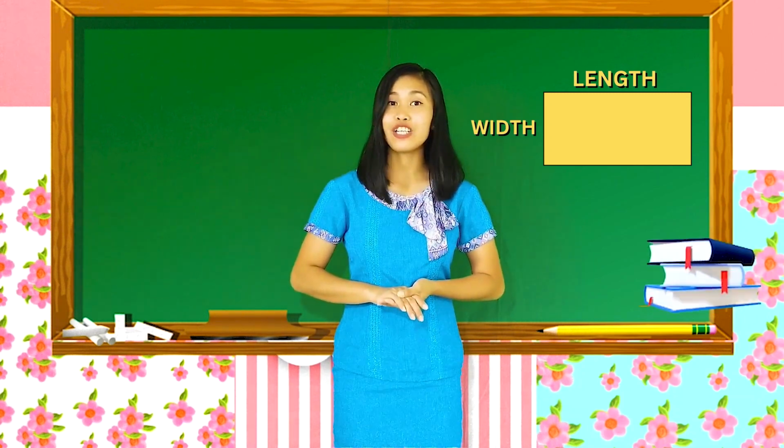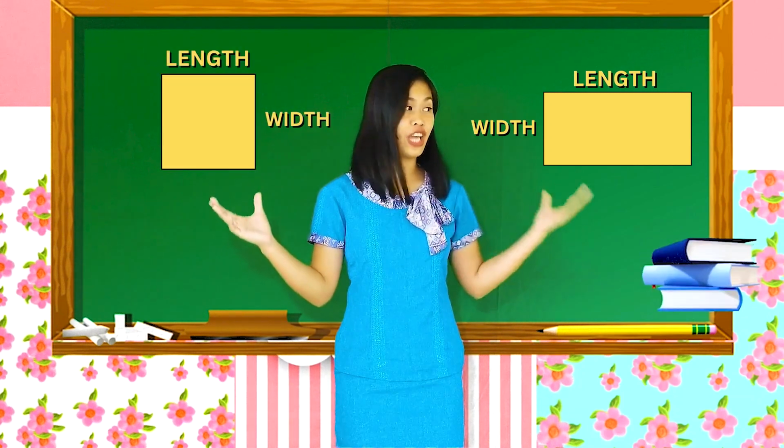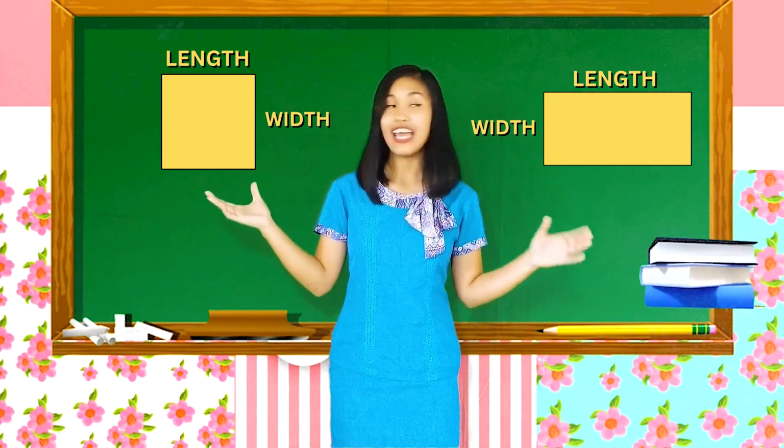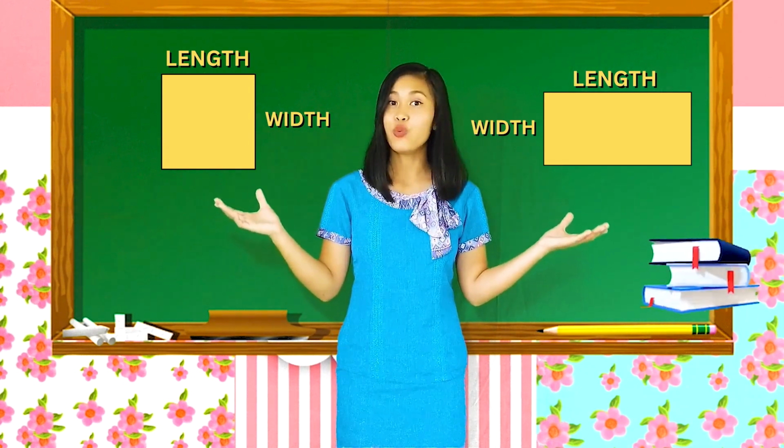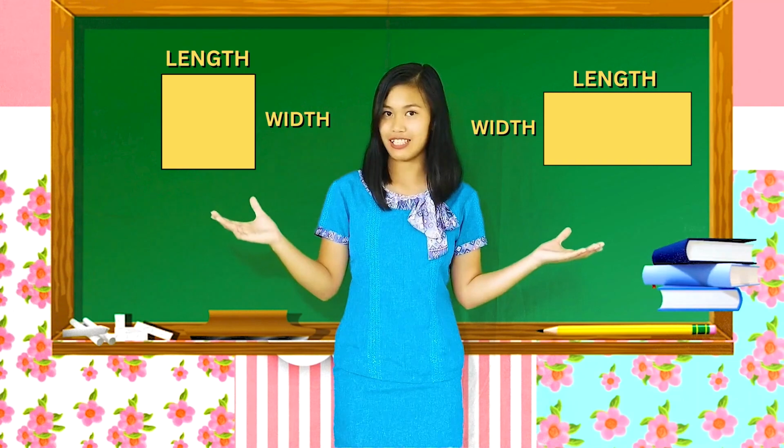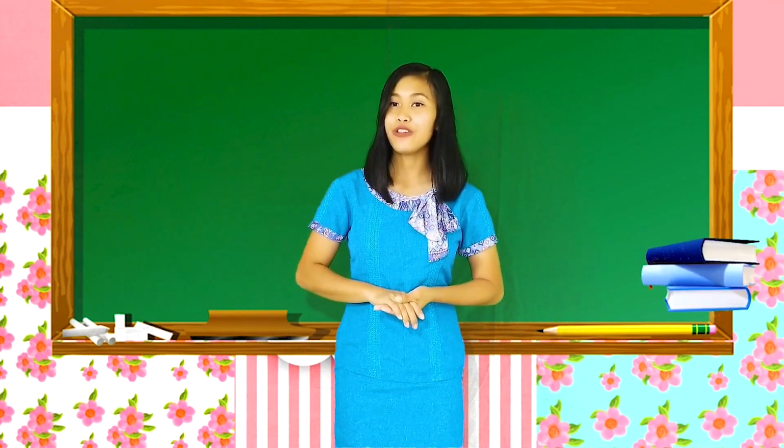So if we take a closer look at both of the shapes, this is a square and this is a rectangle, we will see the difference. Do you know now the difference between a square and a rectangle? Excellent! Now, let's find the area.